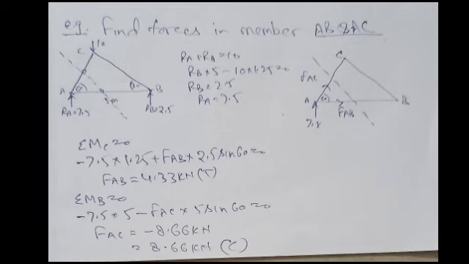Then we will find the point about which the moment of one of these two forces will be 0. You can see in the diagram that FAC is going towards point C. So if we take moment about this point C, then the moment of FAC will be 0 and you will get the value of FAB. So we will take moment about point C.